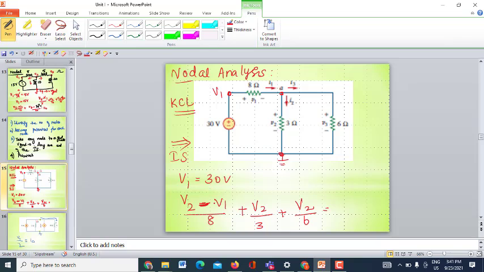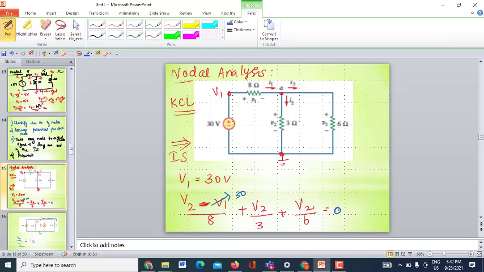Now you can easily rearrange this equation. V1 is 30, so substitute 30 here. You'll be getting V2 by 8 minus 30 by 8, and this is equal to 0.